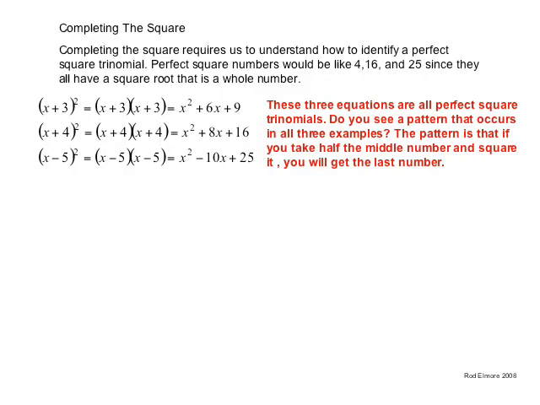So that worked. In the second one, x squared plus 8x plus 16, half the middle term is 4, and squaring 4 you get 16. And in the third case, half the middle is negative 5, and you square it and you get 25. So the pattern holds for all three cases.